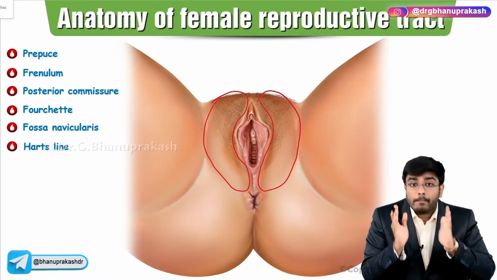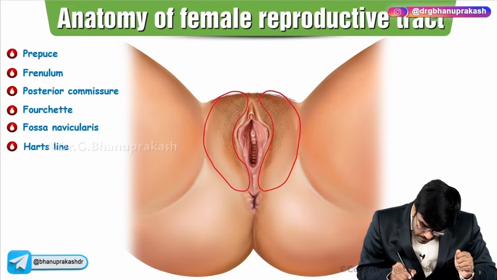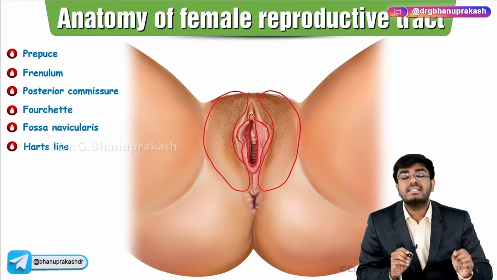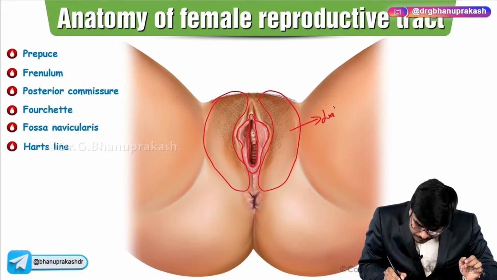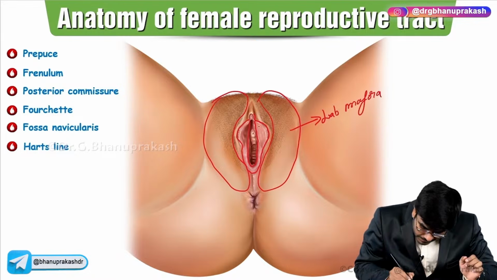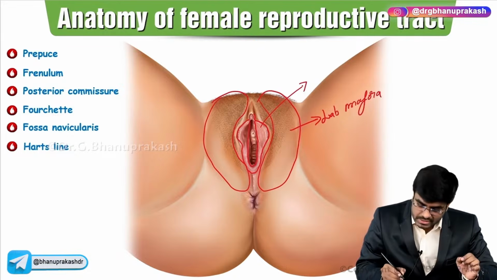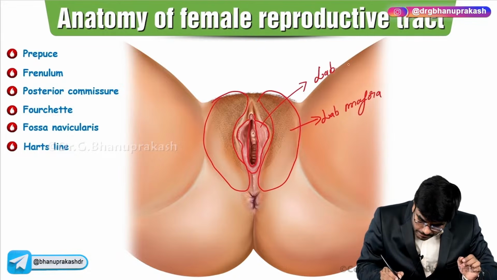Now medial to the labia majora, these thin folds which are present medially are known as labia minora. So they are labia majora, and medially these pink color structures are known as labia minora.